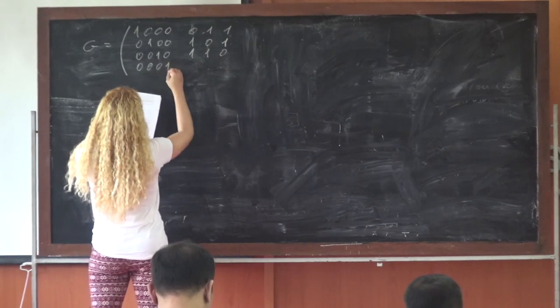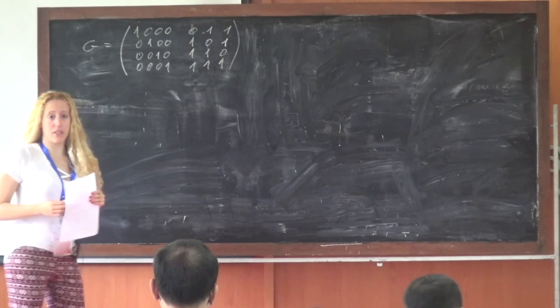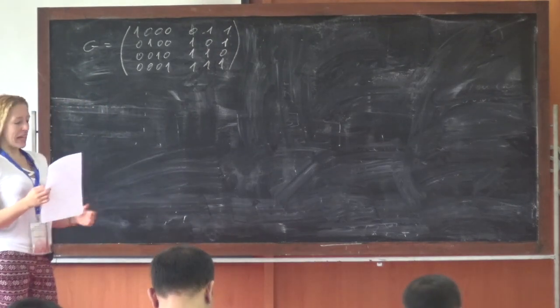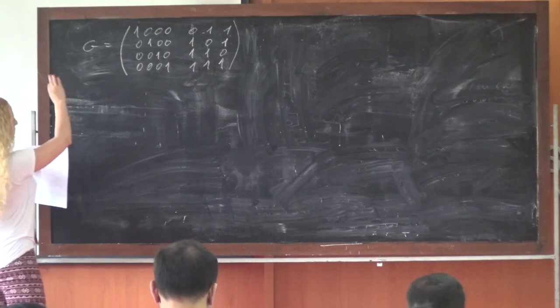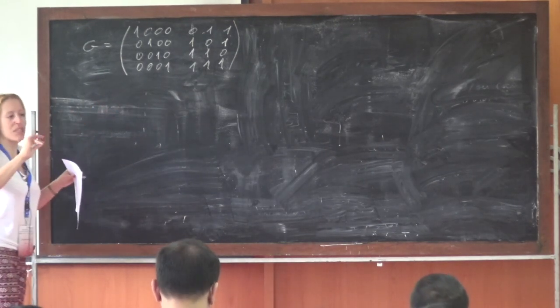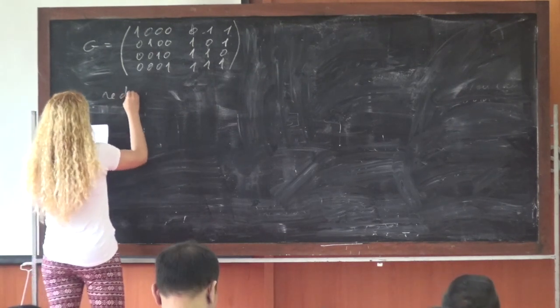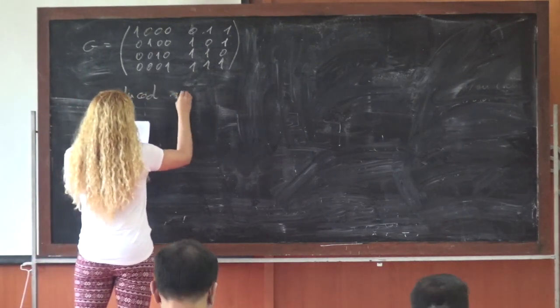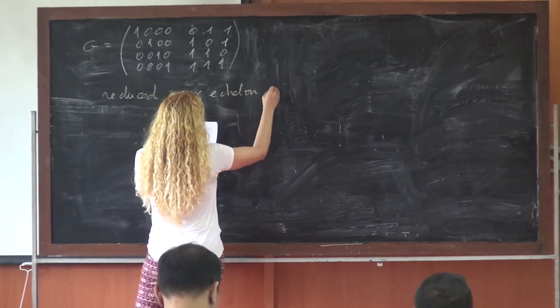Those ones generate all the code, all the subvector space, okay? And moreover, I did it more or less in a clever way, because this matrix has a special shape, okay? It's what is called a reduced row echelon form.